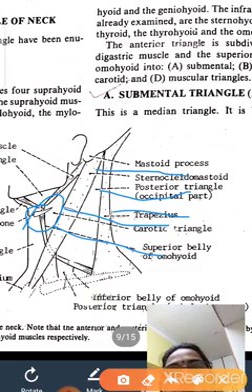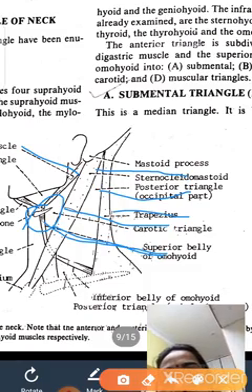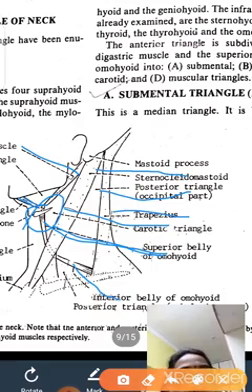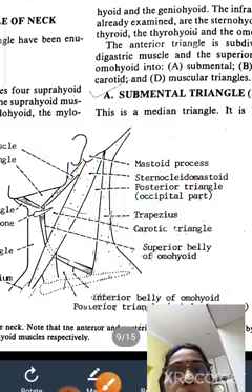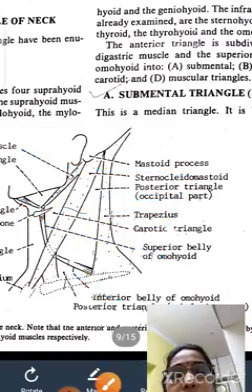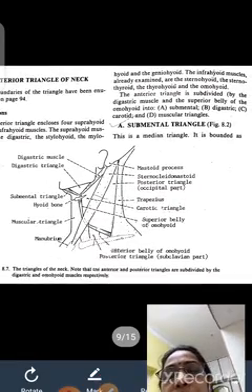Okay, so there is the digastric muscle. Okay, the superior belly of omohyoid, and the submental, this anterior belly of your digastric, means the other part of the digastric is this. Okay, now the inferior belly of omohyoid. So these are the various parts. Now this is the submental triangle.